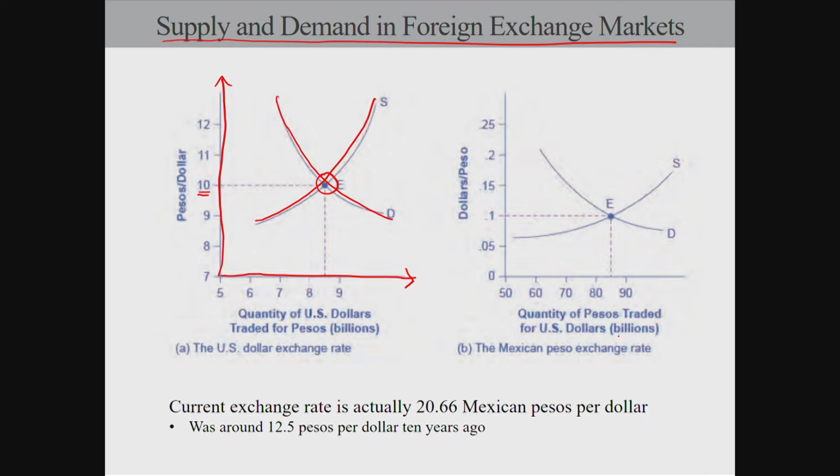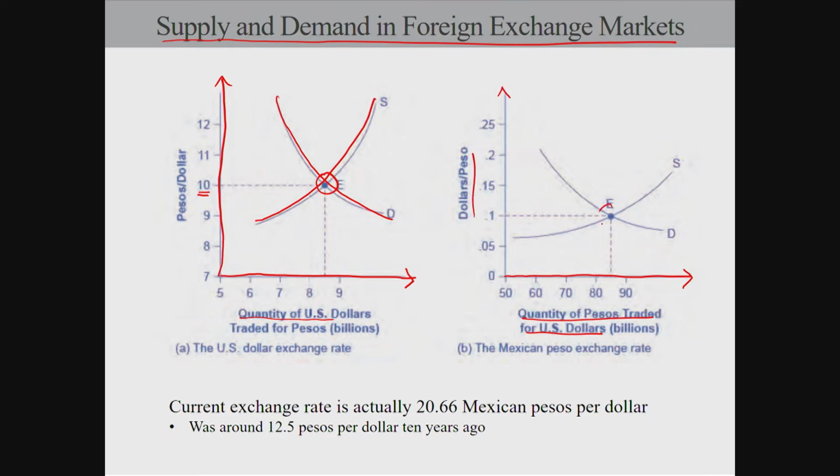Alternatively, another way you can look at this is, instead of the quantity of US dollars, we can look at the quantity of pesos being traded for US dollars. So in this case, on the horizontal axis, I have total pesos being exchanged, and here we have dollars per peso.